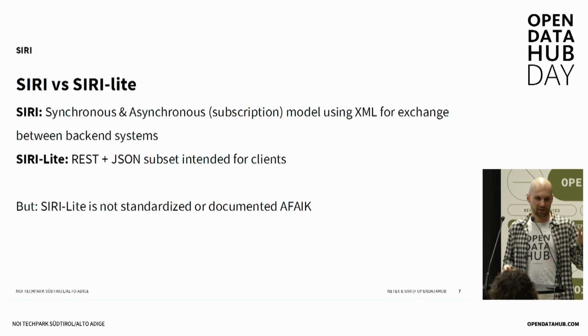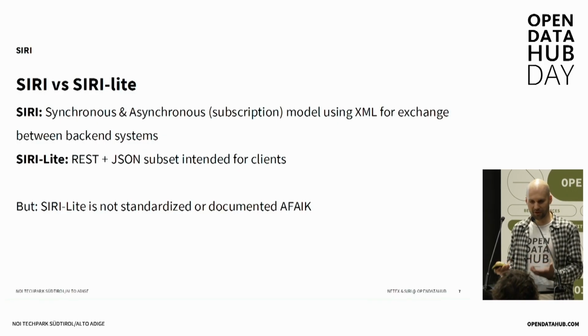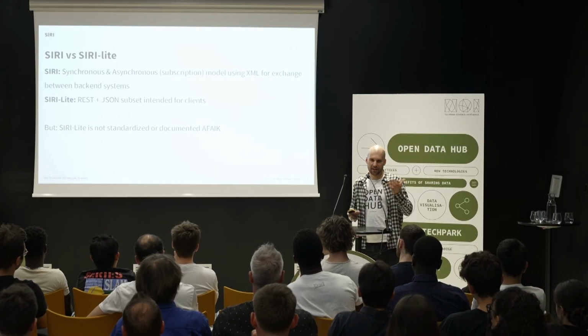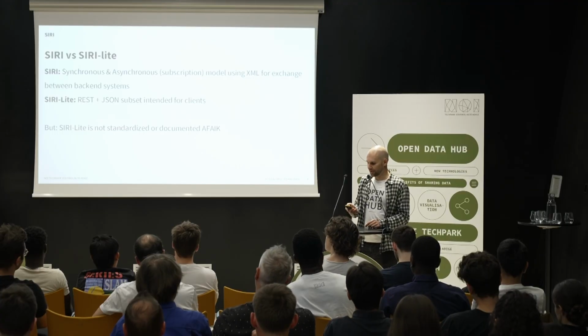There is the classical one, where you make a request and get some data, but there is also a subscription model, where you can say, I want these kinds of updates, and then the updates are pushed. So it's rather complicated to implement, and on top of that, it's all XML. So there is this simplified Siri version called Siri Lite, which is just classical REST over HTTP, how you know it, and then you get a JSON, which is a direct mapping of the XML structure.